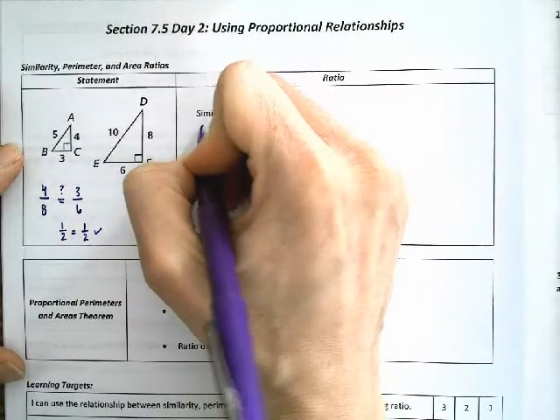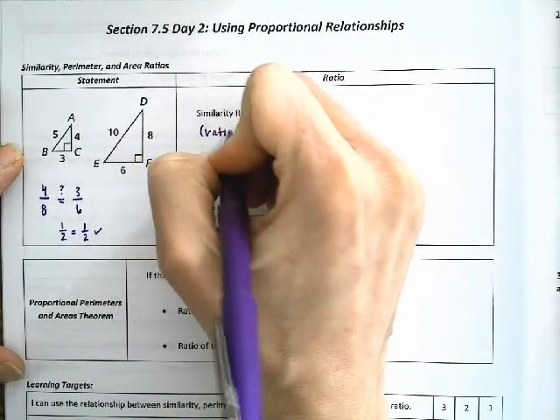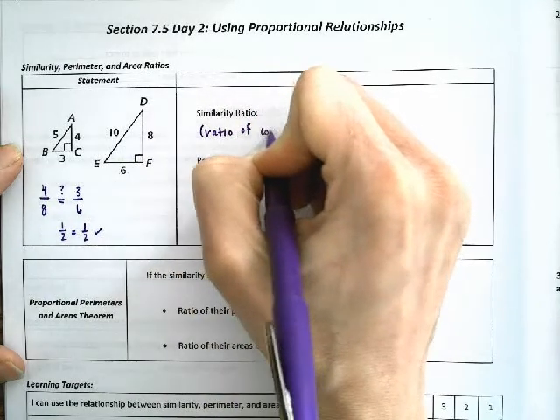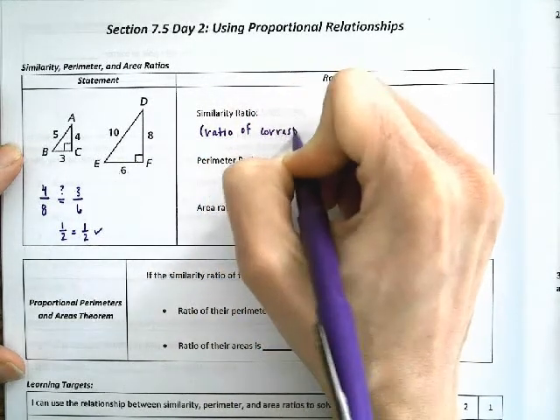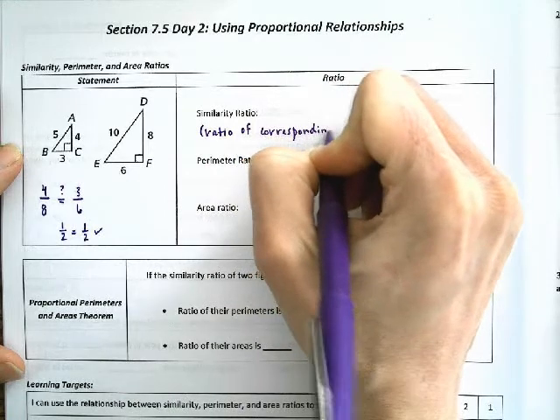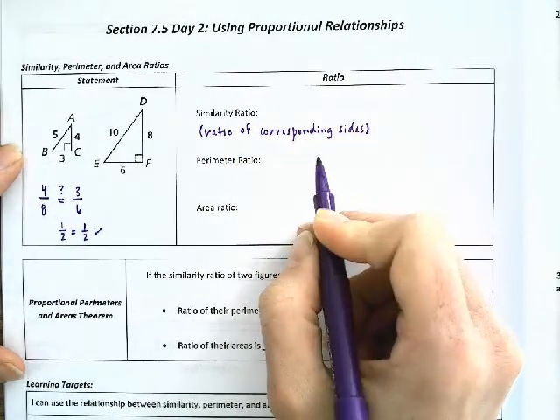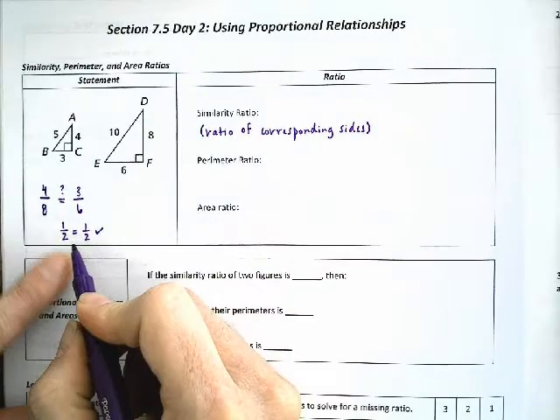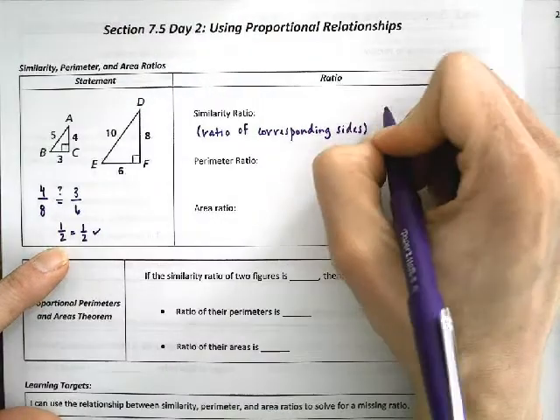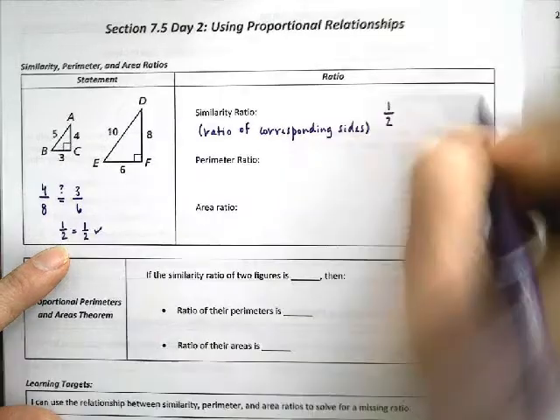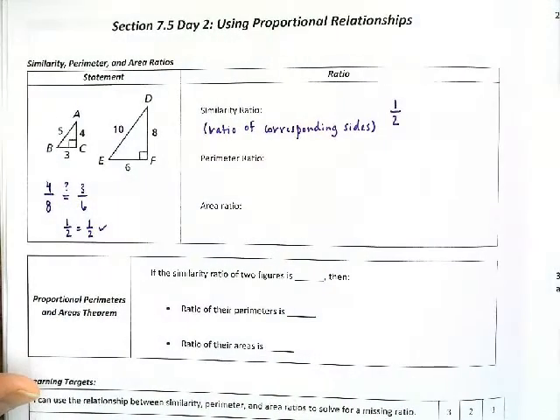Remember, the similarity ratio is just the ratio of corresponding sides. And we actually found that ratio already when we were checking our corresponding sides. So our similarity ratio is just going to be 1 to 2, or 1/2.